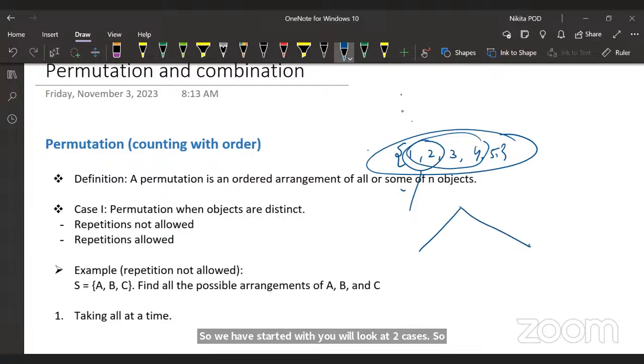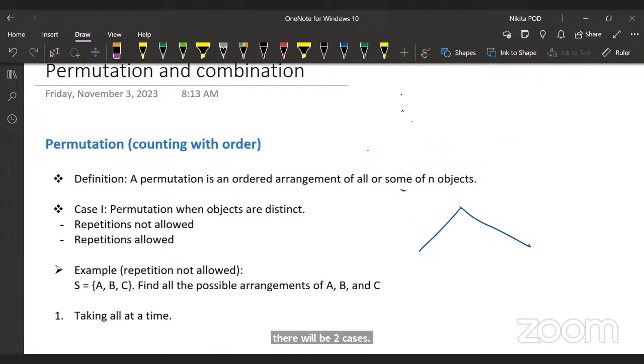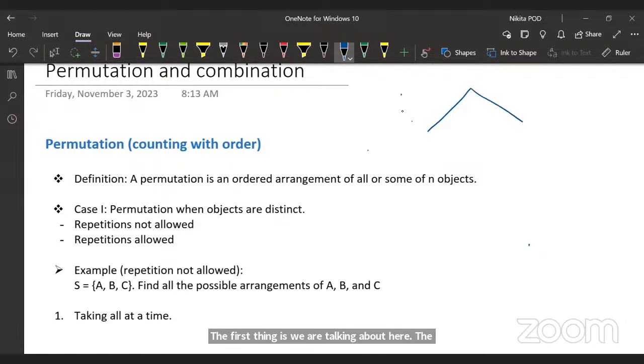The first thing we are talking about here is distinct objects. Case one is permutation when objects are distinct.